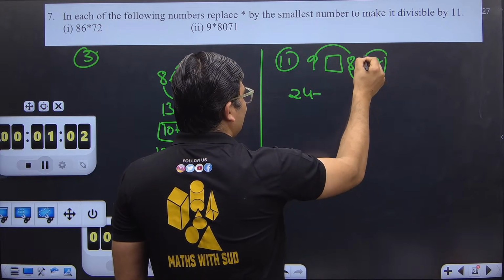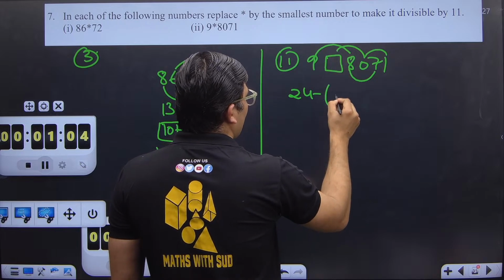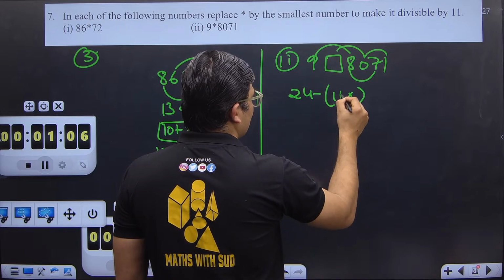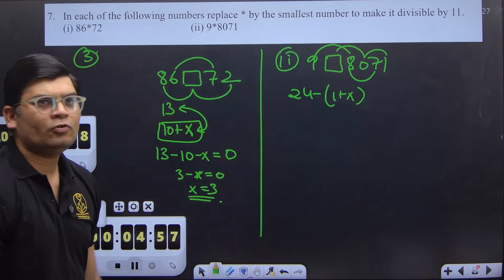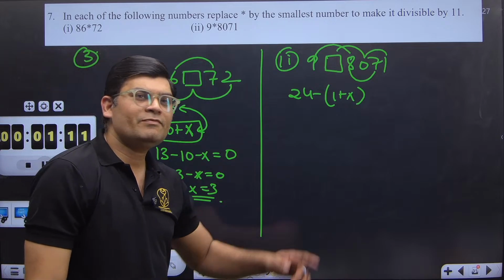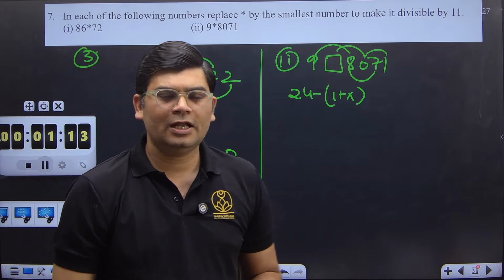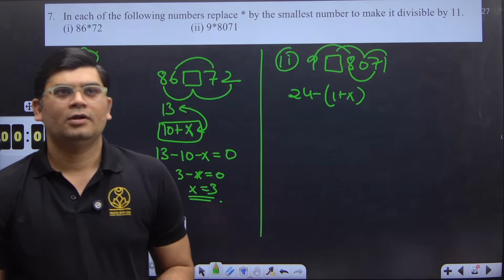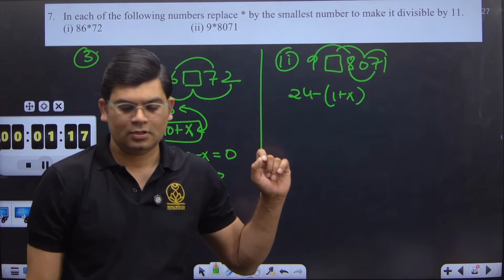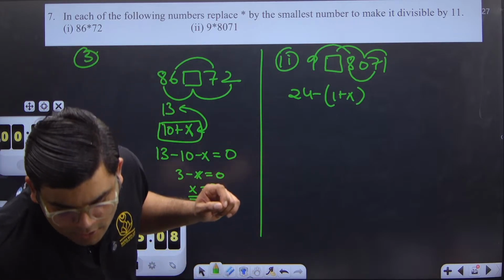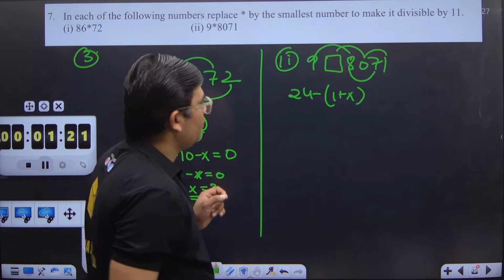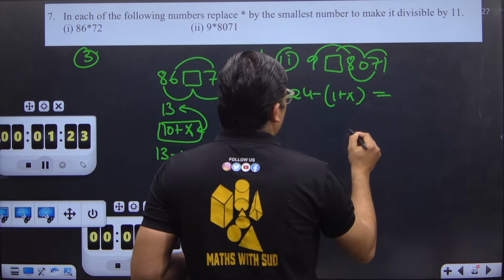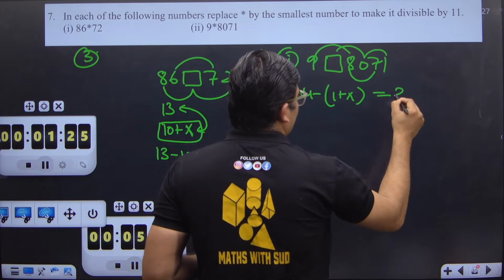Now if I add these numbers, I will get 1 plus x. So what is the nearest number to 24 which is divisible by 11, beta? Tell me. 22. The number is 22. So we have this equal to 22.